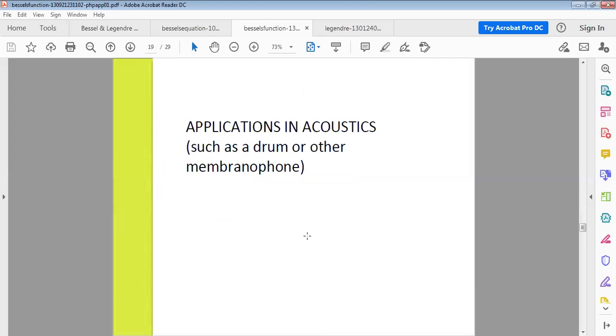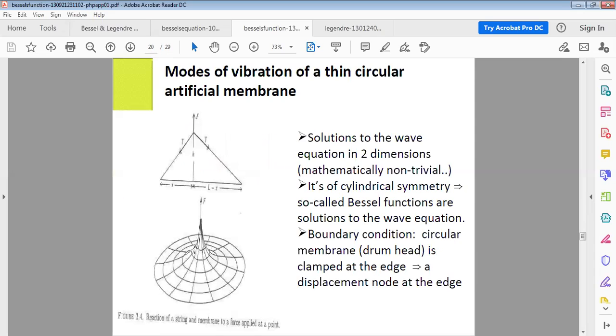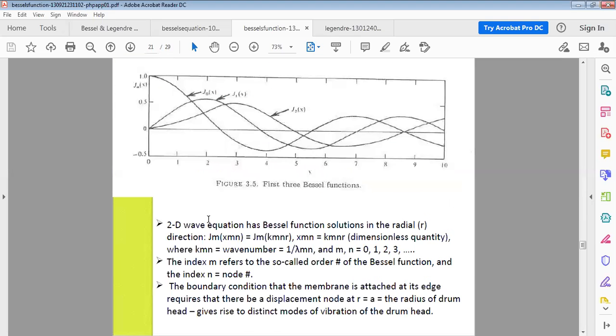Application in acoustics, such as a drum or other membrane. So this is the modes of vibration of a thin circular artificial membrane. The first three Bessel functions are very important for this. A 2D wave equation, to analyze it, has a Bessel function solution.